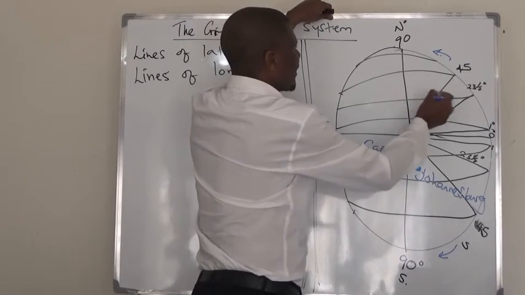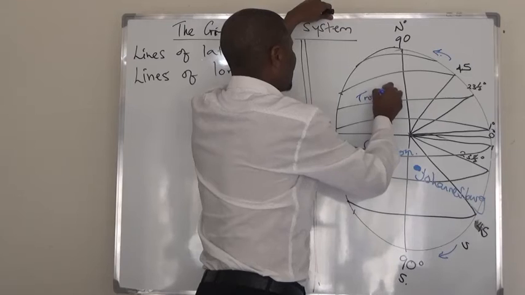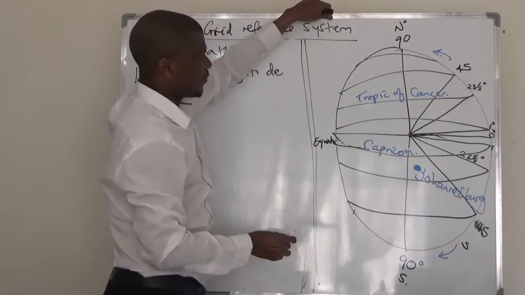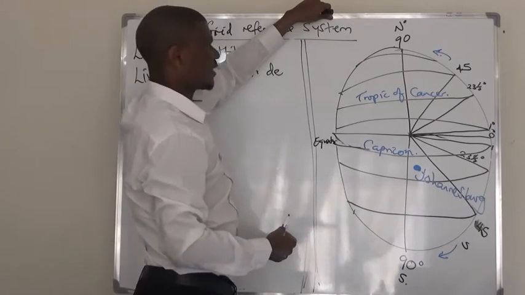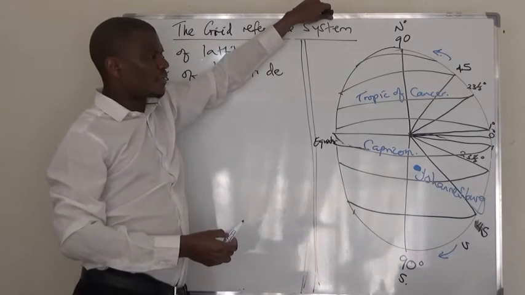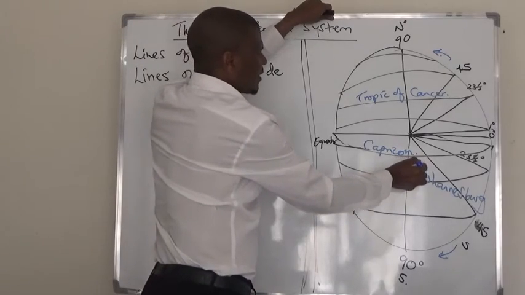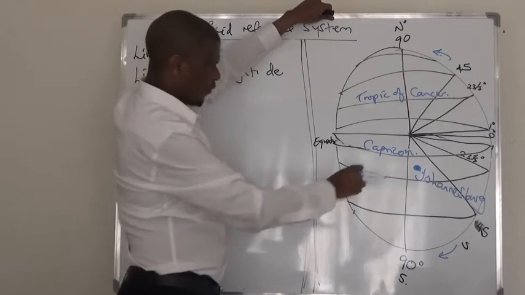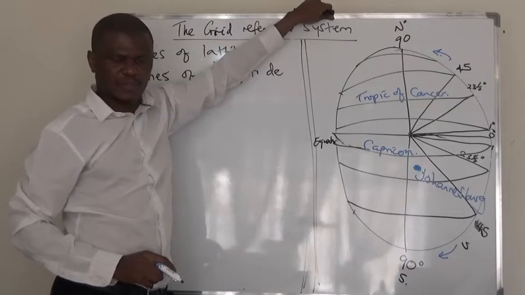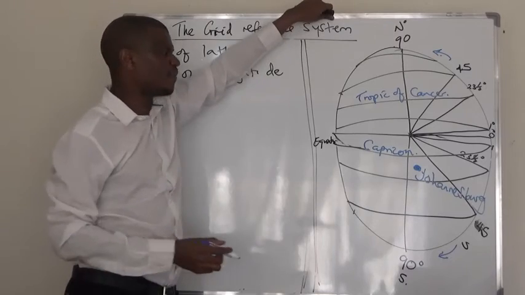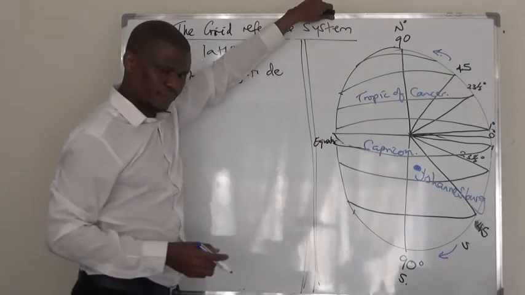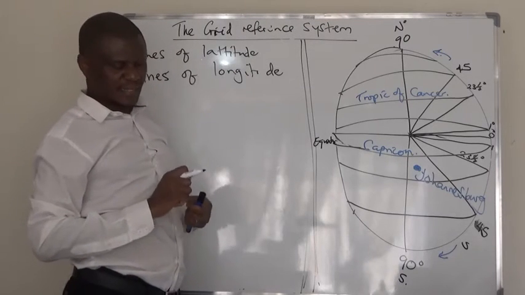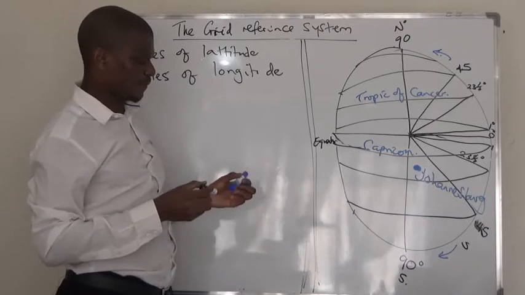Then the Tropic of Cancer is in the northern hemisphere. So you have your Capricorn towards the south and your Cancer towards the north. As a result, we can give the actual latitude position of this city or whatever landform it is, north or south of the equator. So that's as far as the latitude lines are established on the surface of the earth.